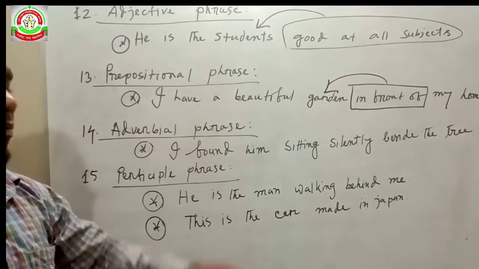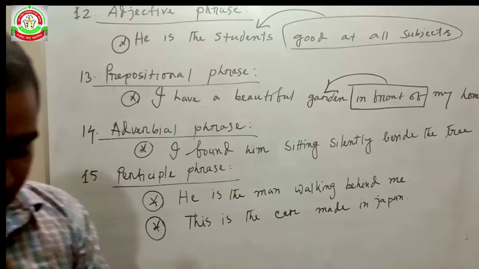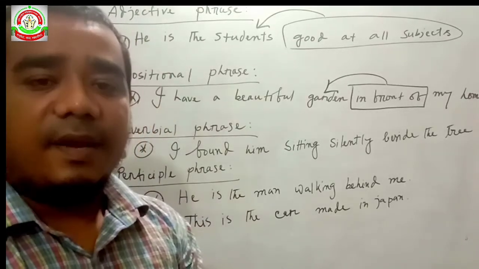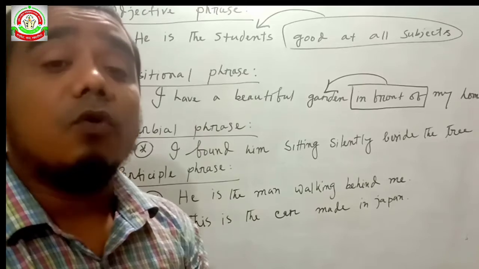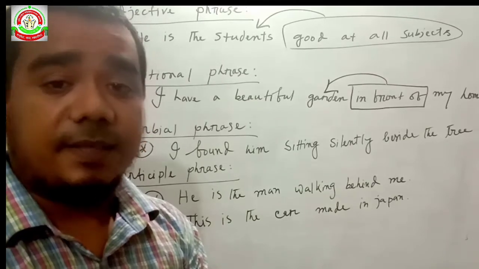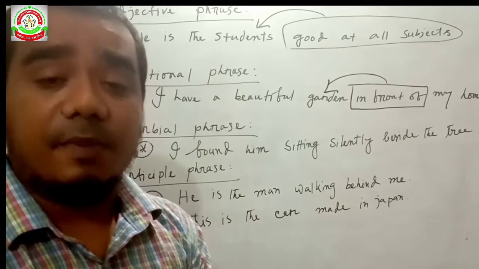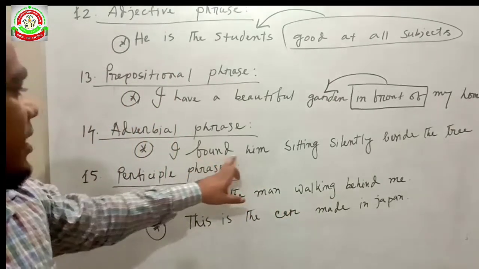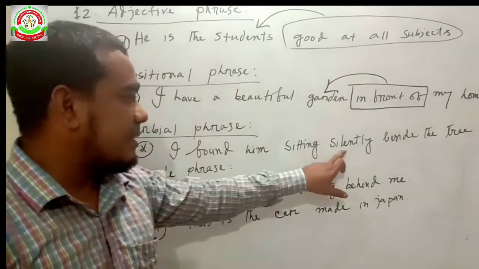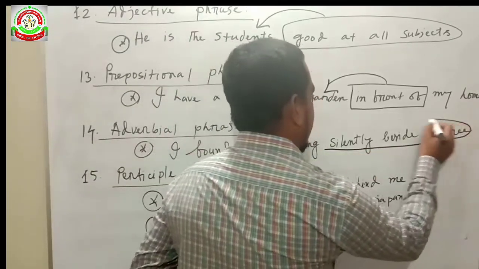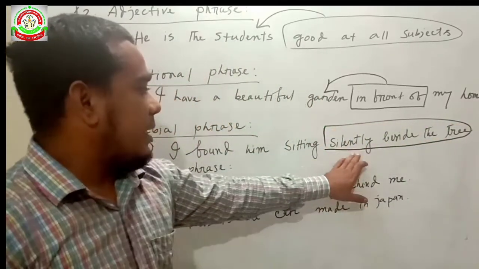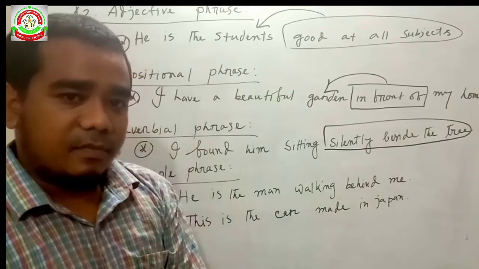Then the adverbial phrase. In the same way, when a phrase or combination of words plays the role of an adverb in a sentence, then it is called an adverbial phrase. I found him sitting silently beside the tree.